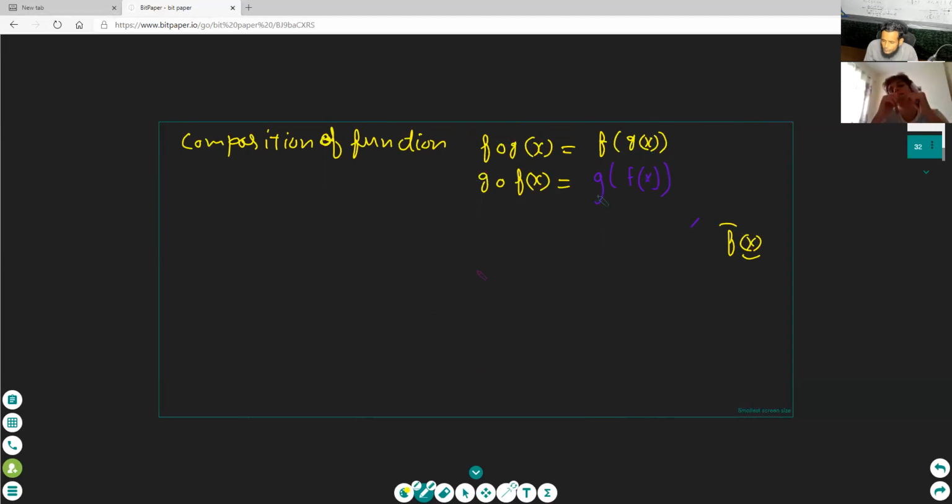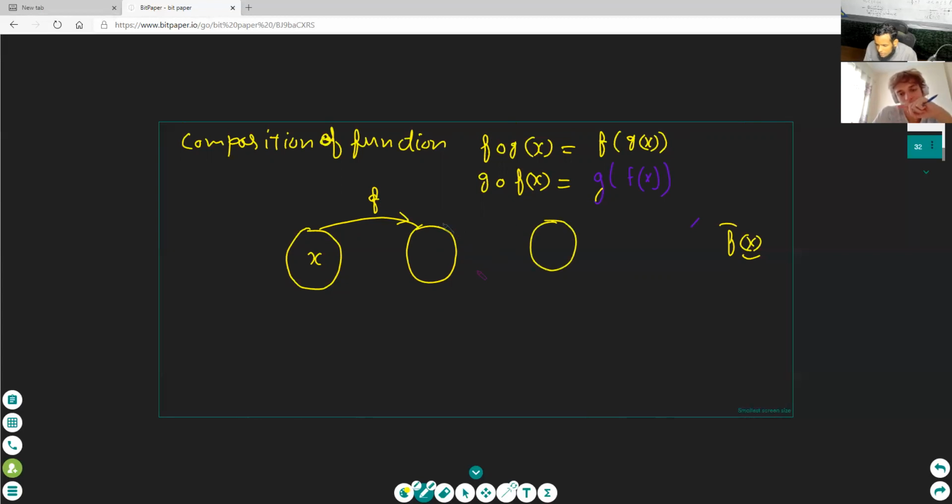Okay, if I make the figure of this, this is the x domain set, the domain set for the function. Then you get the notation for function f, and this is the notation for function g.